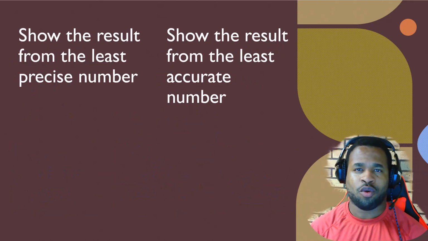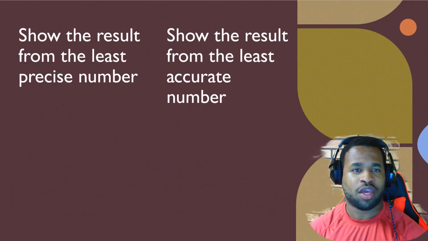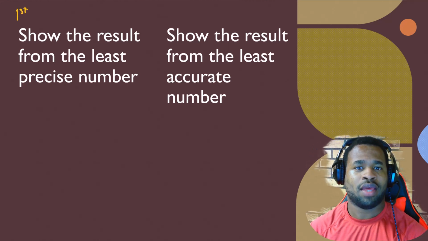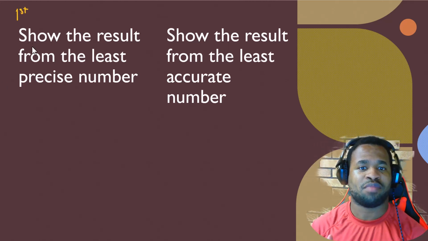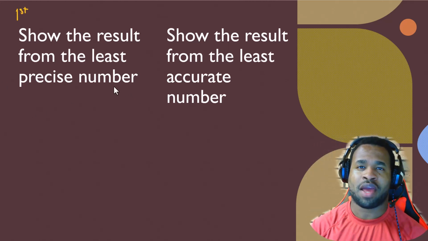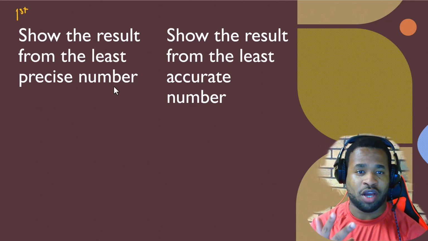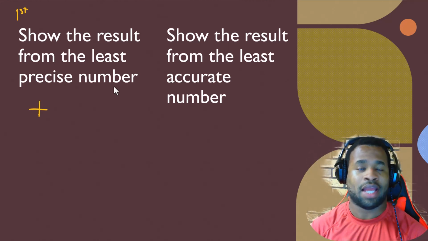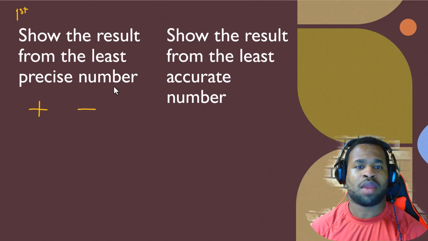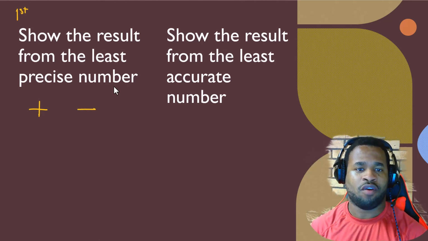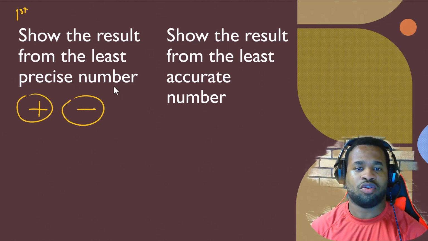Now, looking at the rules, the first rule here looks at showing the result from the least precise number. This applies to the operations, which are, of course, we talked about addition, but it also applies to subtraction for this particular rule.